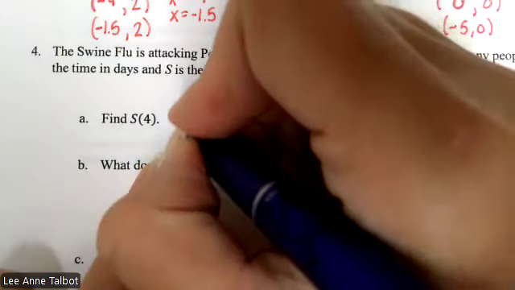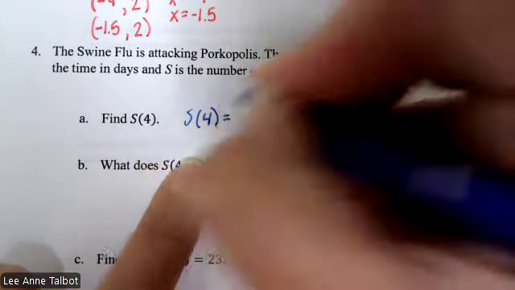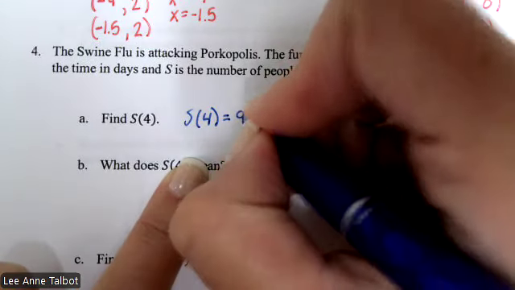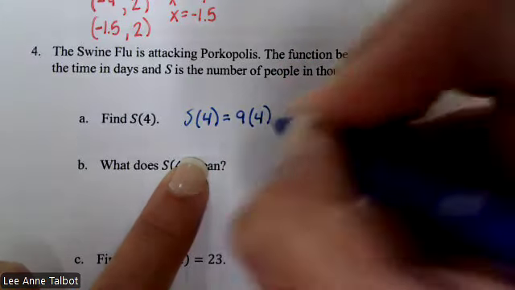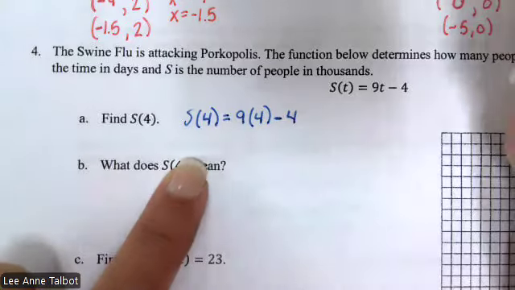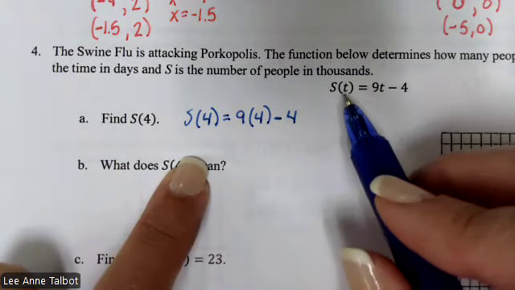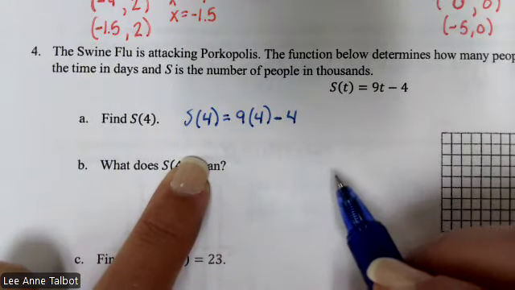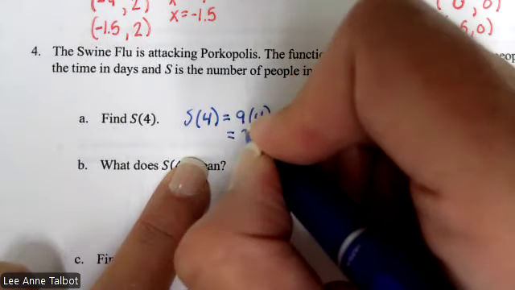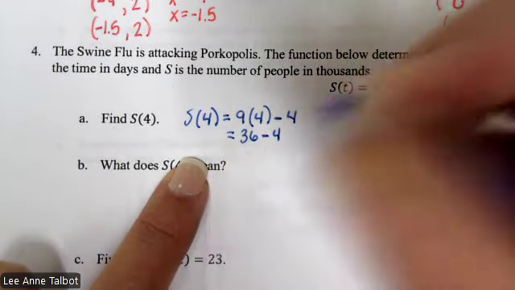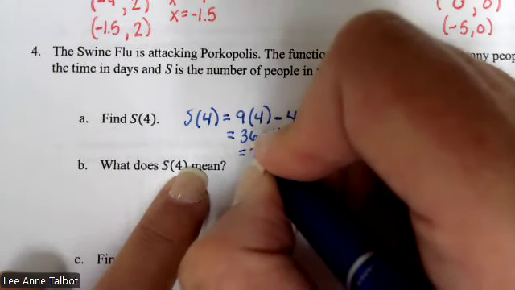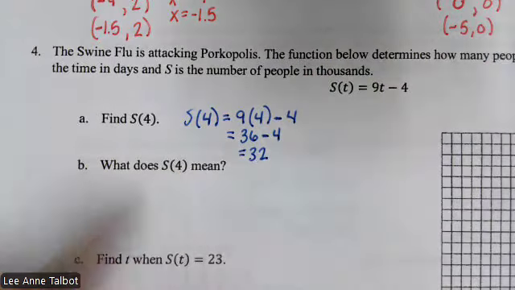S of 4 equals 9 times 4 minus 4. So I plug 4 in for T, both spots. 36 minus 4 is 32.